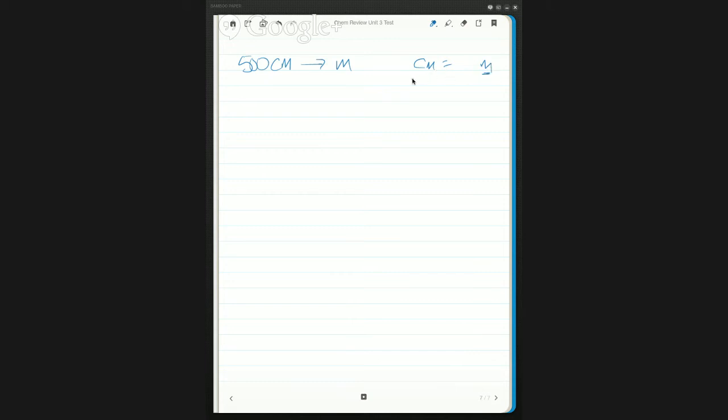Meters is the base unit, and centi is a smaller unit. Remember, the only one that's bigger is kilo, so meters is bigger, so it gets the 1. How many centimeters are in 1 meter? Centi, like century, like cents in a dollar. How many cents are in a dollar? 100. So it's going to be 100.